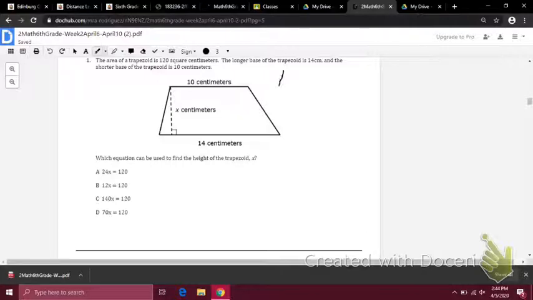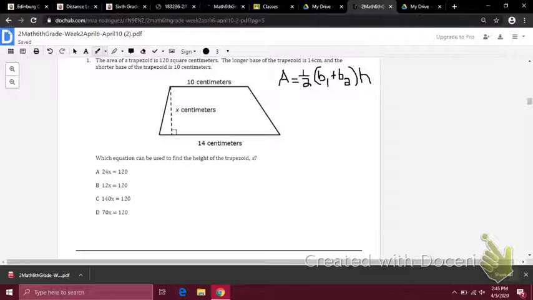So the formula that we want is A equals 1/2, then we're going to fill in the rest of the formula, which is (B1 plus B2), close the parentheses, times the height. That is the formula you need to be using because it is a trapezoid.